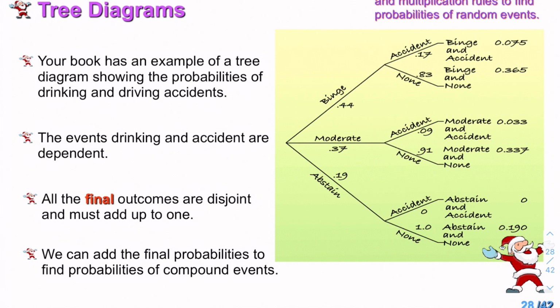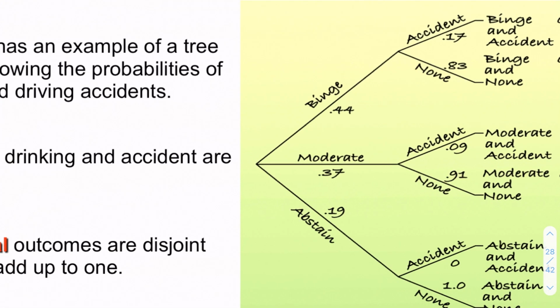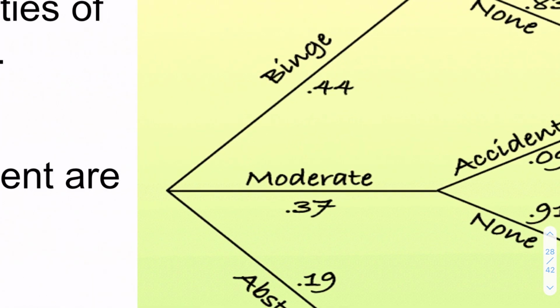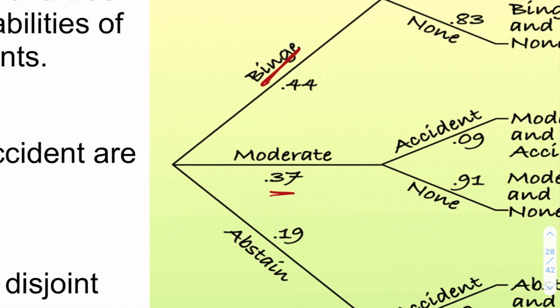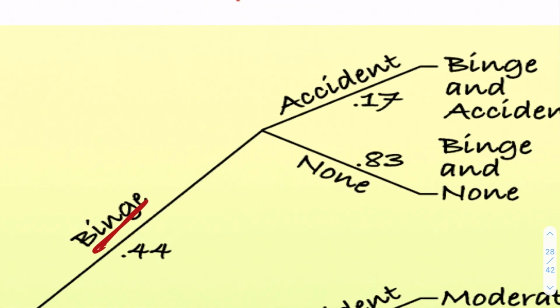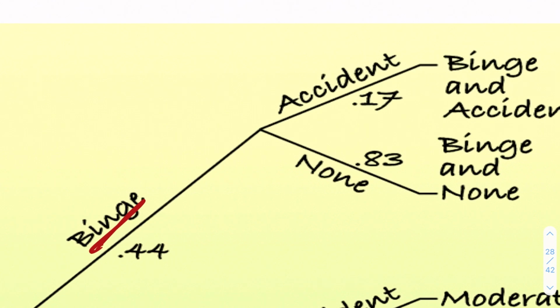So we can find the final probabilities to find the probabilities of compound events. We have people surveyed, 44% chance that they're a binge drinker, 37% they're a moderate drinker, and 19% chance that they abstain. And then we have the chances that each of them get into an accident. So 17% chance that a binge drinker gets into an accident, and 83% chance that they have no accident.